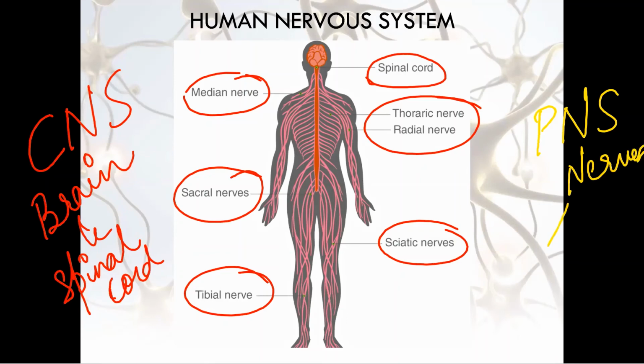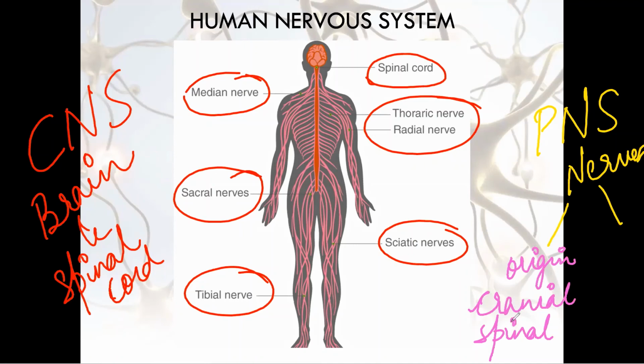We have learned nerves on the basis of location, if you remember, origin, and on the basis of origin, nerves are either cranial or spinal, right?